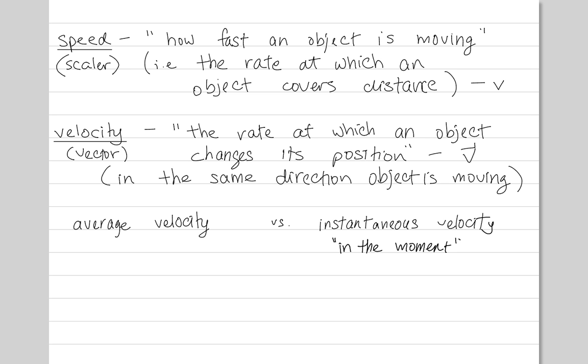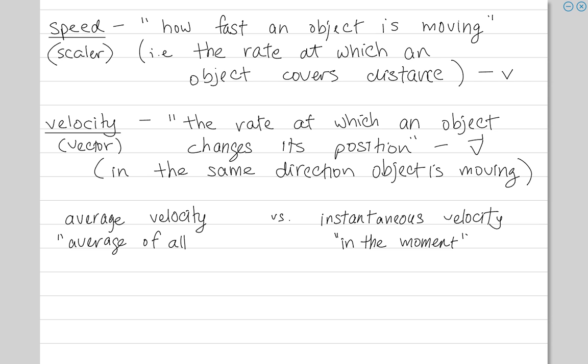And the average velocity can be thought of as, well, an average. An average of all the instantaneous velocities. So if I was to average up all my moments, I would get my average velocity. So say I was going 60, then 62, then 65, then 67, then 49.